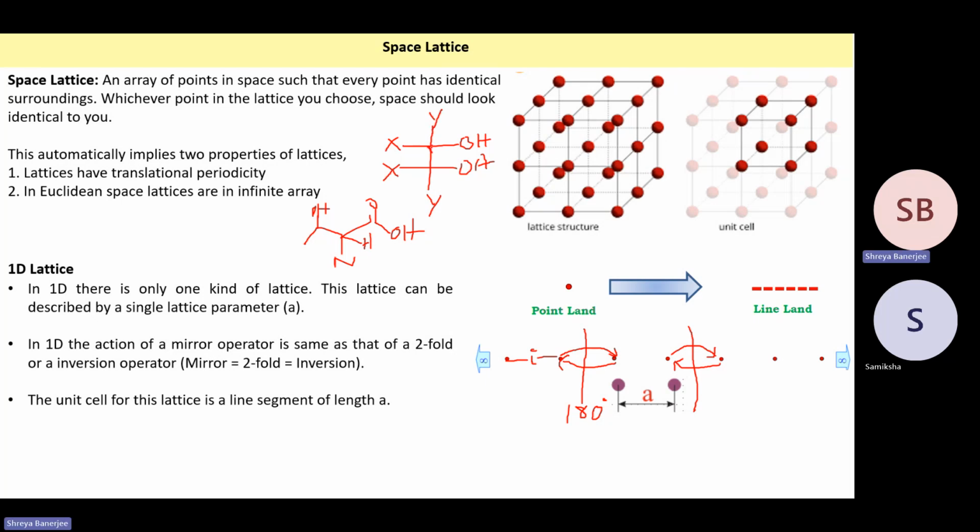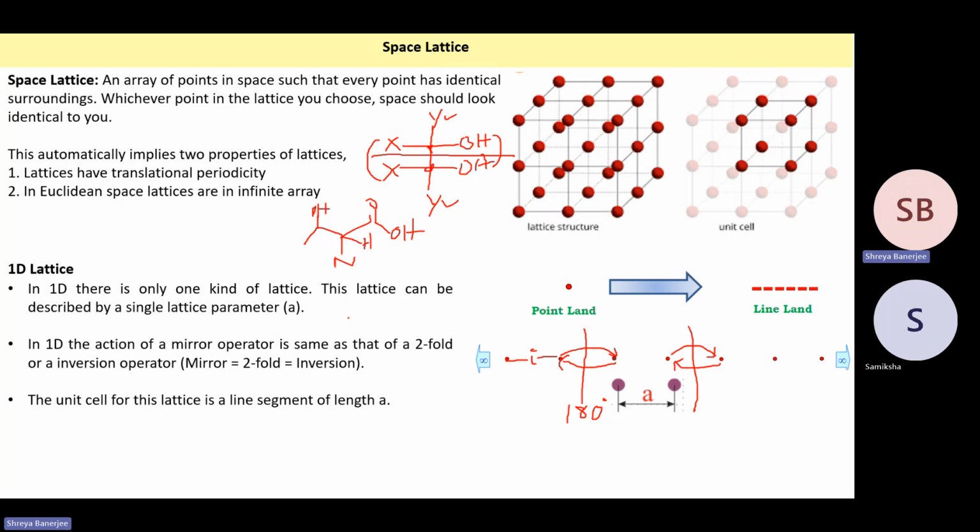It is attached to four different groups. This carbon is also chiral. It is attached to four different groups. But there is a mirror plane of symmetry, because X and X is a reflection, OH is a reflection, Y and Y is also a reflection. So when you have two chiral centers but there is a mirror plane of symmetry, then the overall molecule becomes achiral. So this is an exception case.